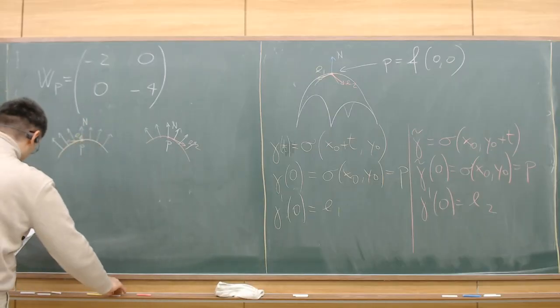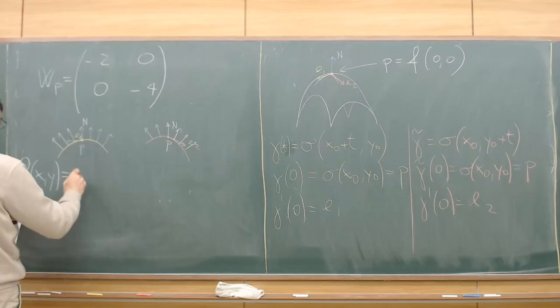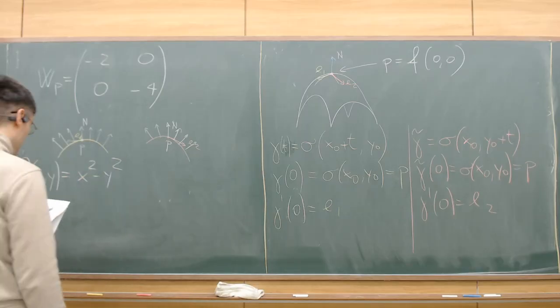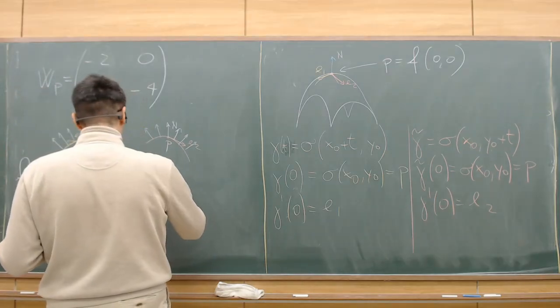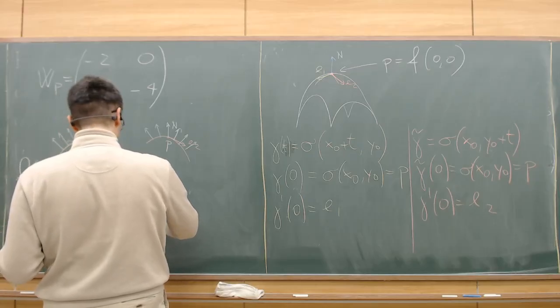Now let's consider another example where f is given by x squared minus y squared. In this case, the graph of the function looks like this.